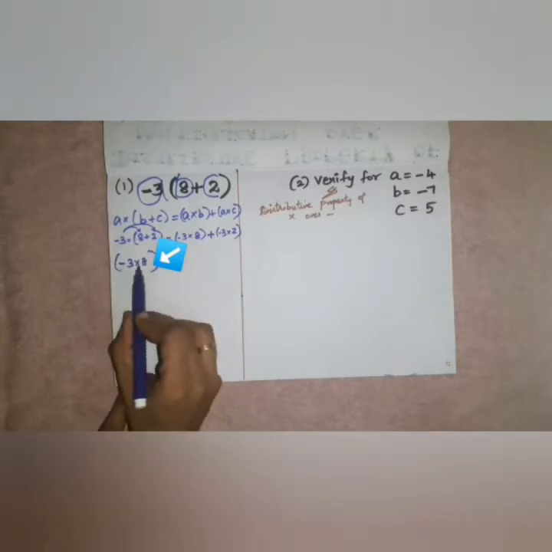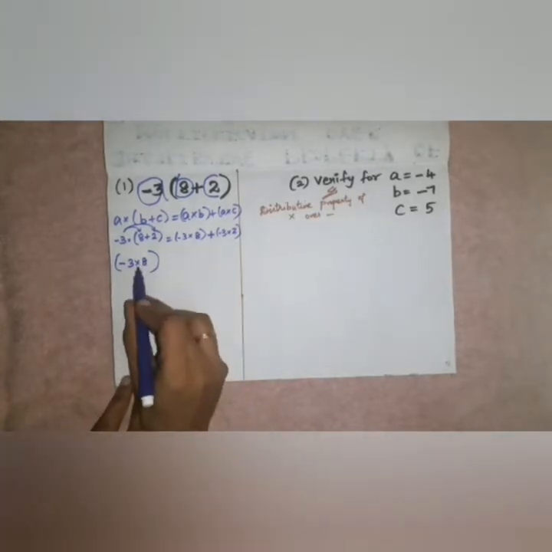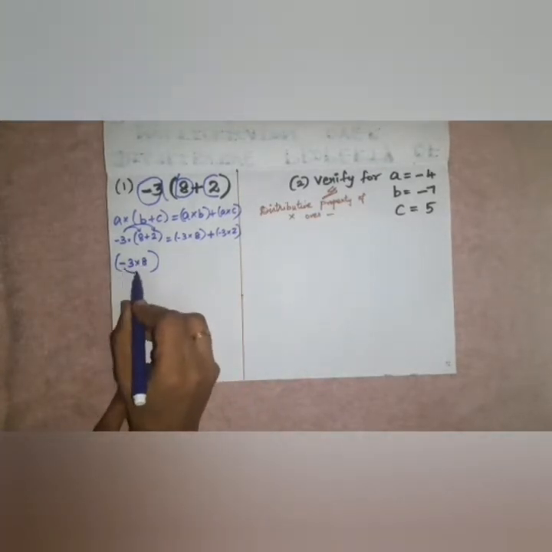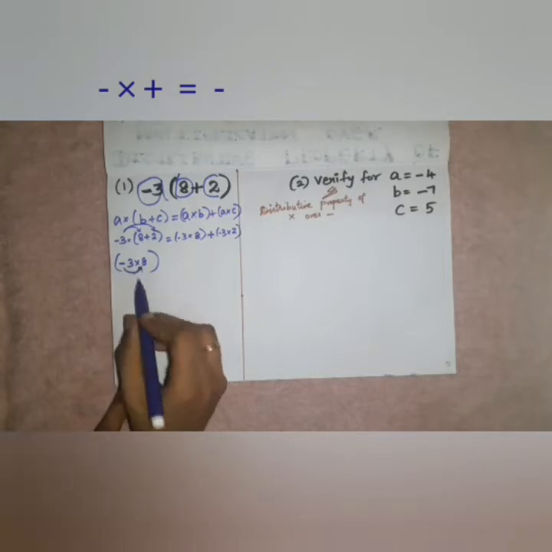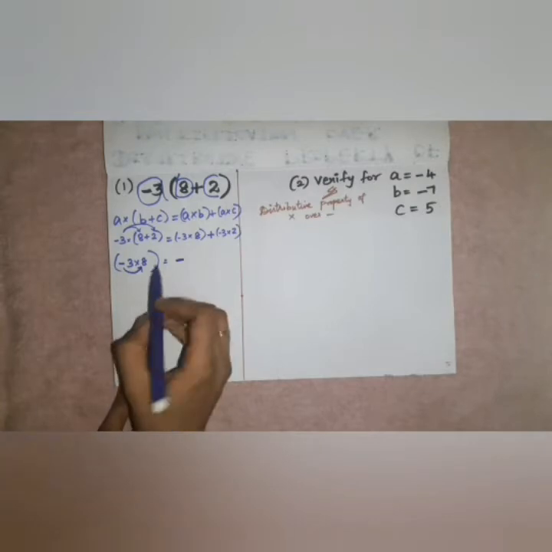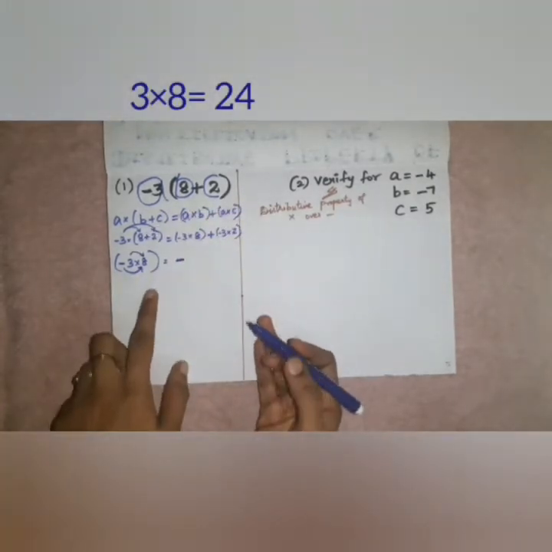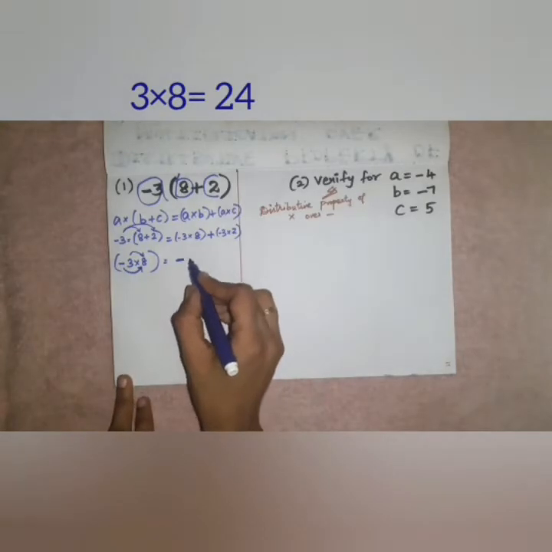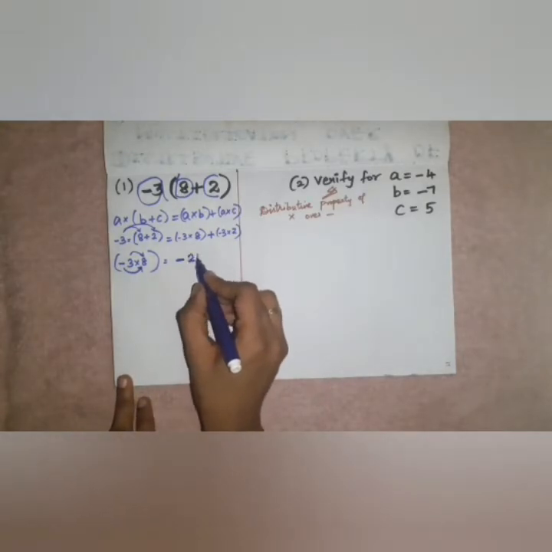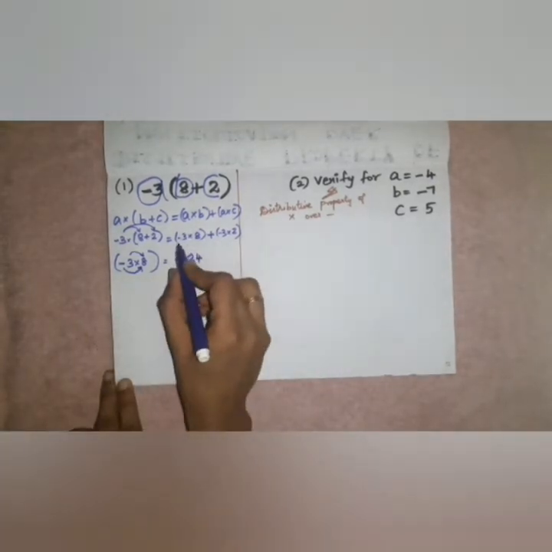Minus 3 into 8: if there is no sign, it's considered to be plus. Minus into plus is minus, then 3 into 8 is 24.